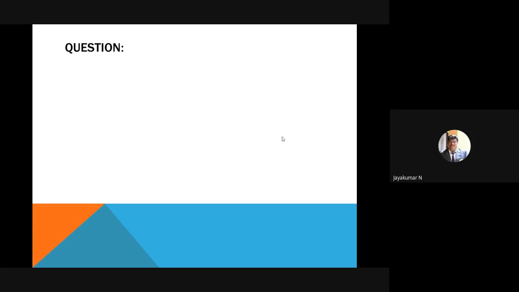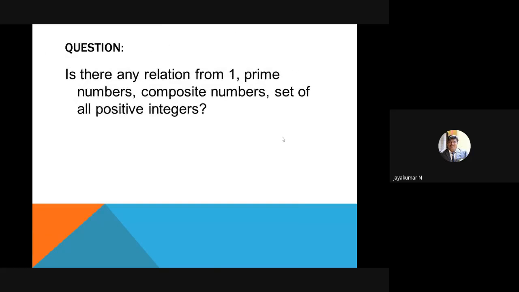Next, I raise one question. Whenever I am going to start a new topic, I raise a question. You ask yourself whether the statement is true or not, or whether you are able to find the answer. Is there any relation among 1, prime numbers, composite numbers, and the set of all positive integers?